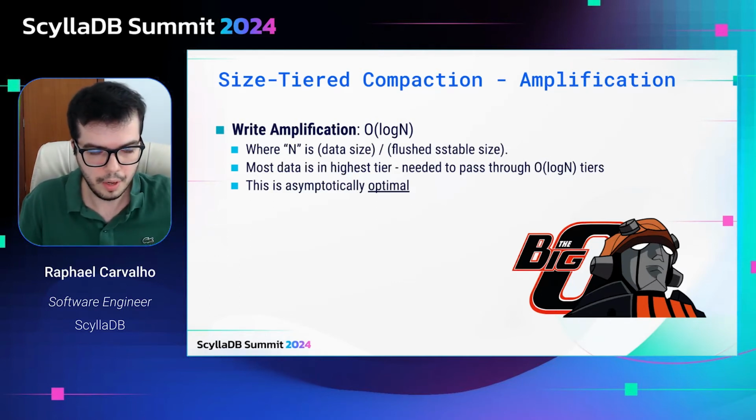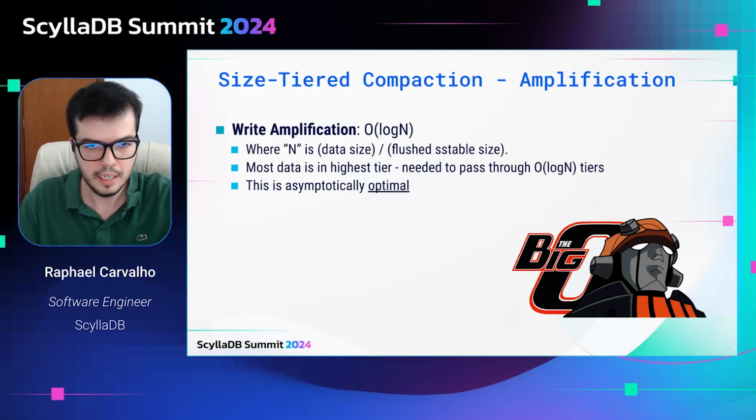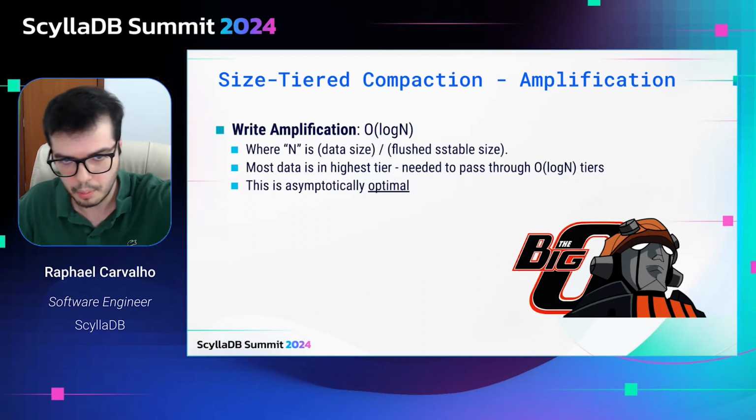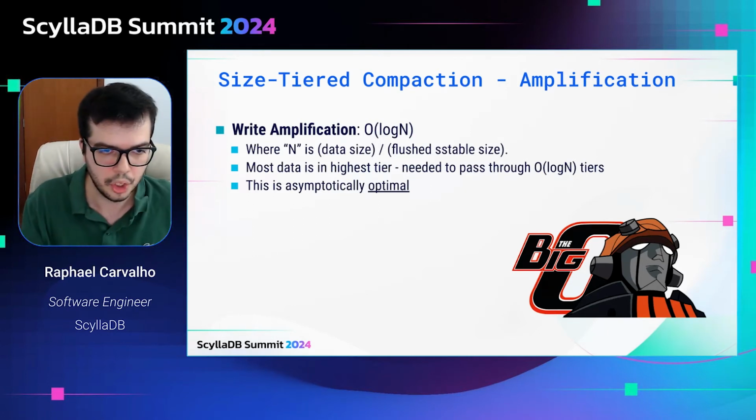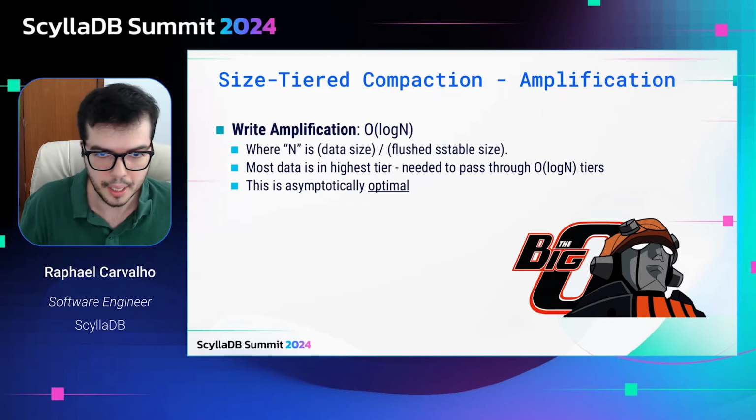So, for example, if you write data, it's going to move into the next level, and in the next compaction, it's going to be rewritten again until it reaches the last level. So the write amplification is very, very good, which is why we say it's optimized for writes.